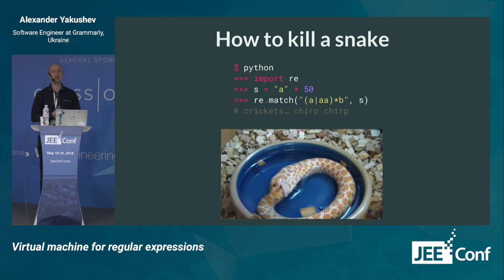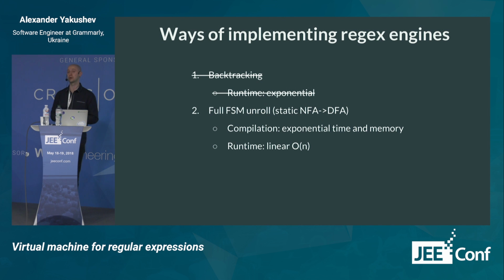Actually, in Java, it's the same. You can try it in Java with the standard Pattern regular expression implementation, and it will have the same behavior. So yeah, it doesn't work for us because in Grammarly we have around 10 million daily active users, and they are all writing texts that we want to check to improve their writing.